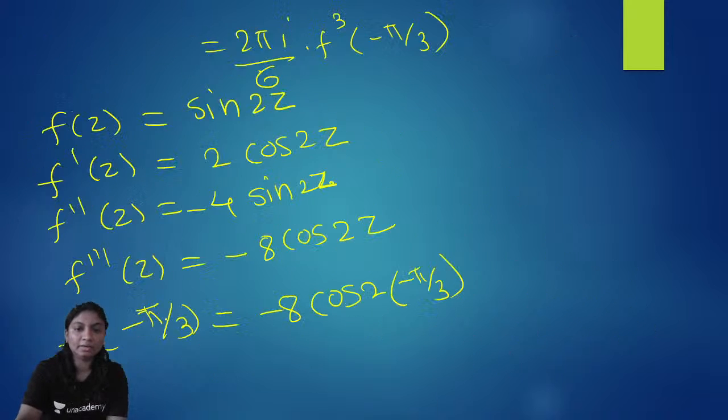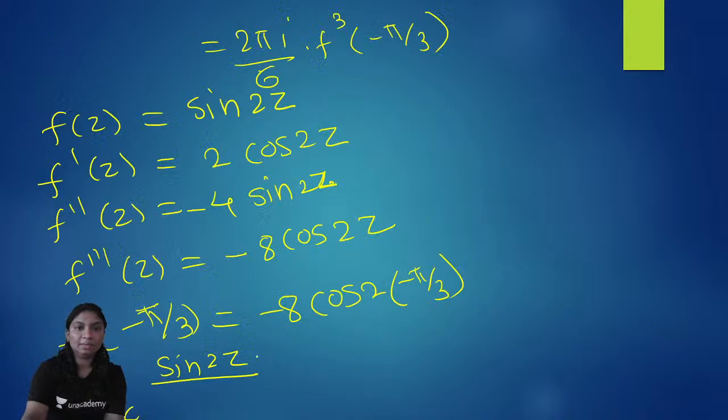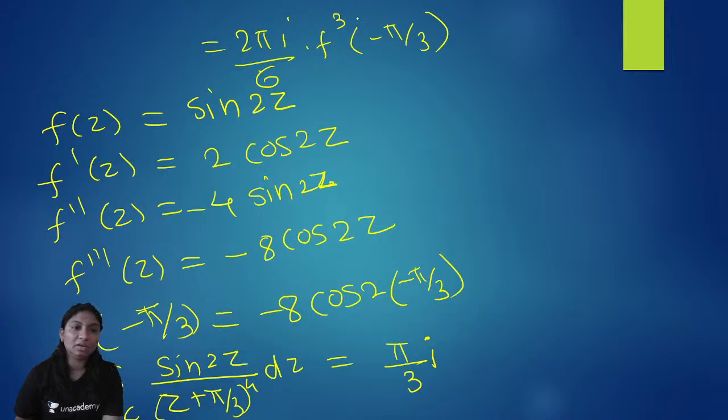So the integral over C of sin 2z upon (z plus pi by 3) raised to 4 dz is equal to 2 pi i upon 6 into f triple dash at minus pi by 3, which is minus 8 cos 2 pi by 3.